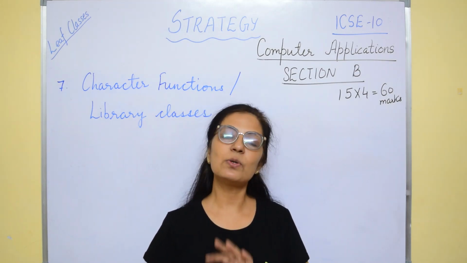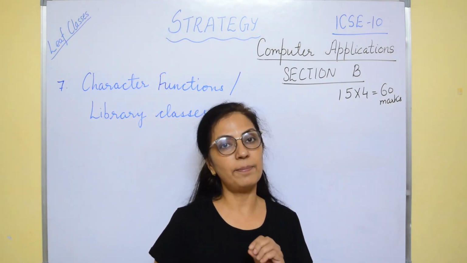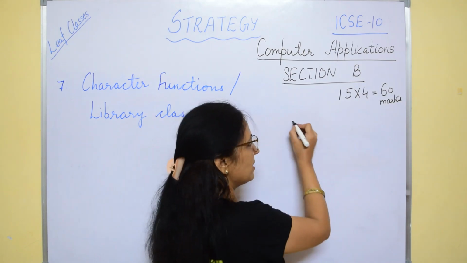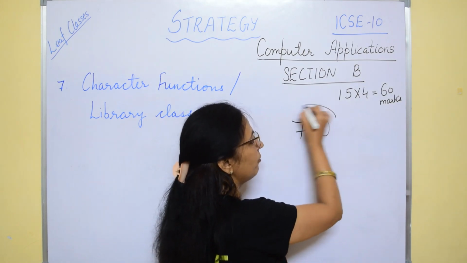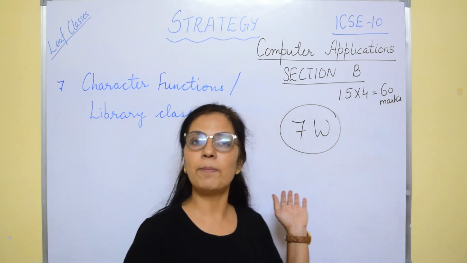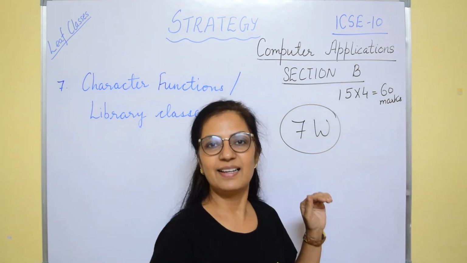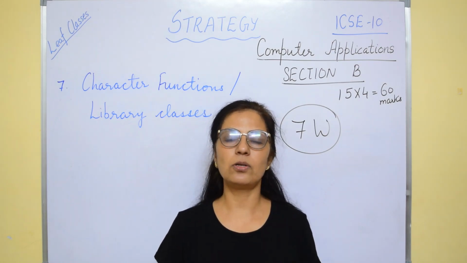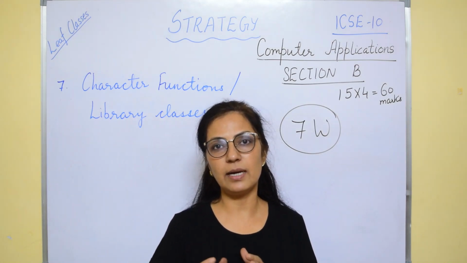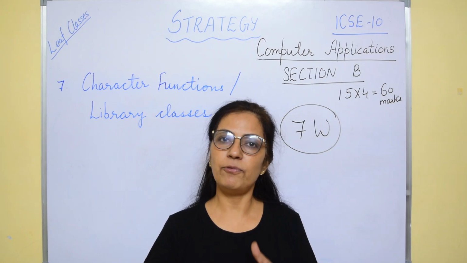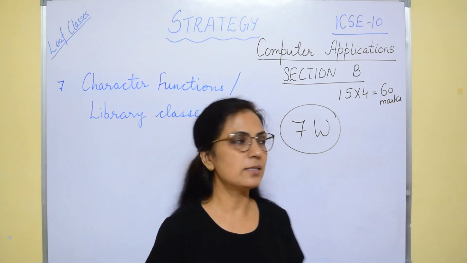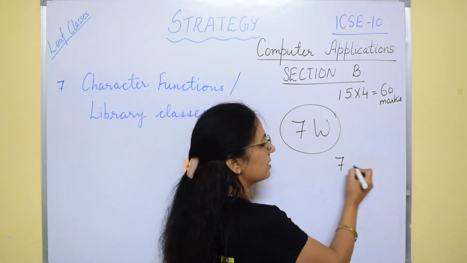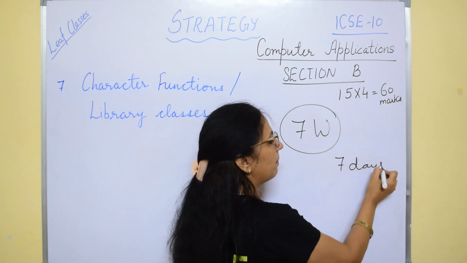I have given you 7 main topics for programming practice, and I will tell you a 7 week strategy for practice of these programs. Before telling you about the 7 week strategy, I just want to tell you that if you haven't done the programming very well in class 9th, just give 7 days for programming practice.